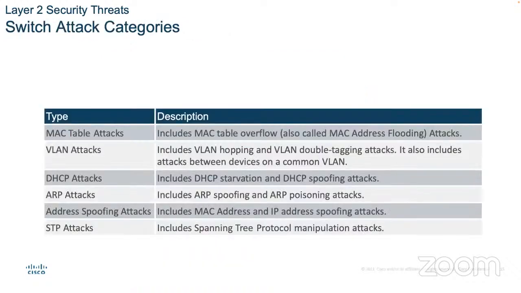So layer 2 can be considered one of the weakest in the OSI model, security-wise speaking. Here are some layer 2 attacks that we'll be talking about.